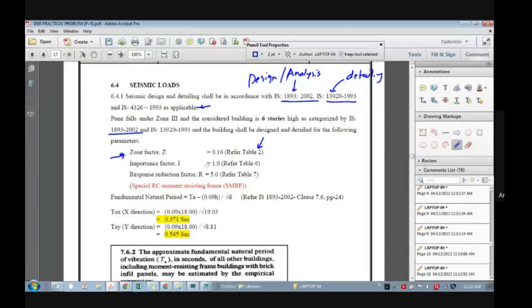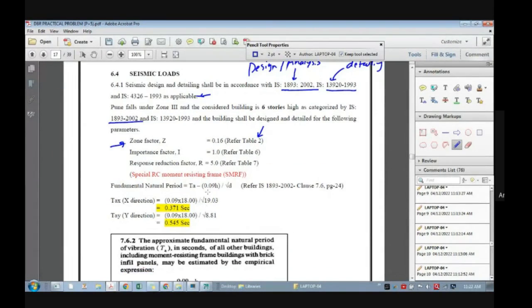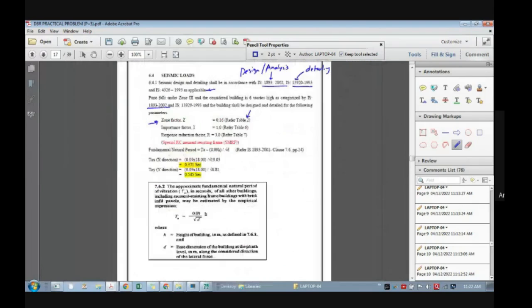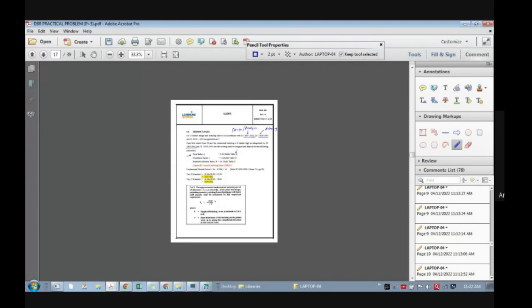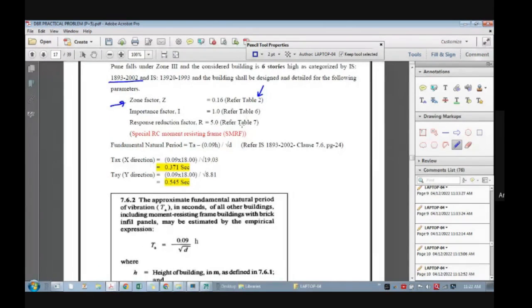Then importance factor I is equal to 1. It is also given in table number 6 in 1893. Table number 6: because it is a residential building, we are taking 1. Response reduction factor is 5, table number 7. I will show you.